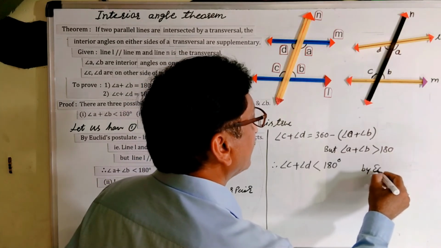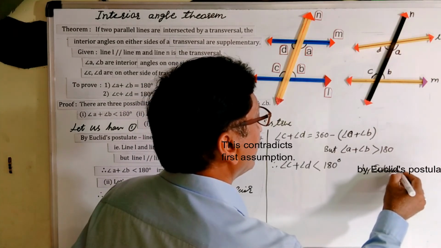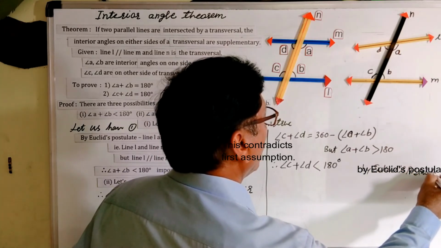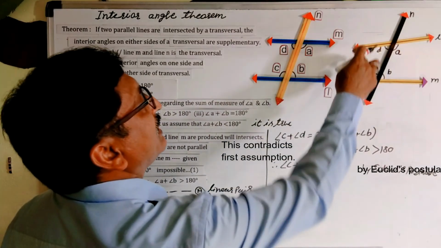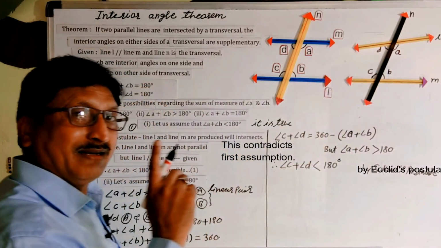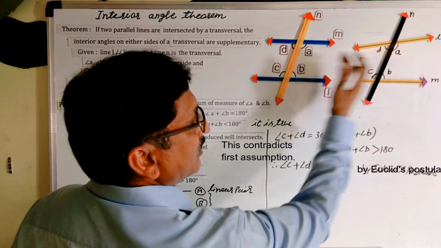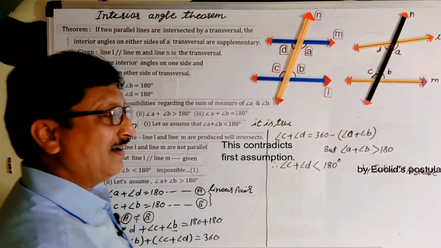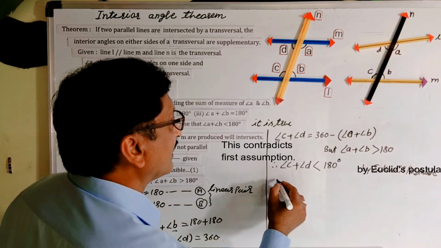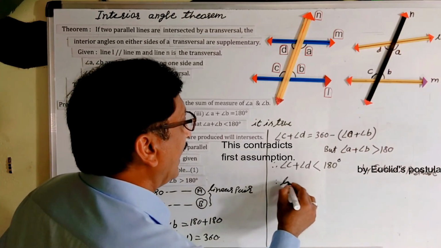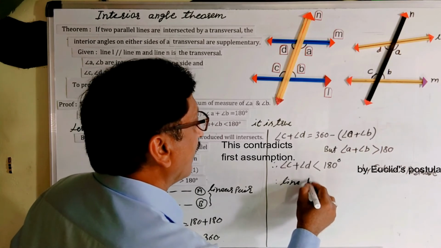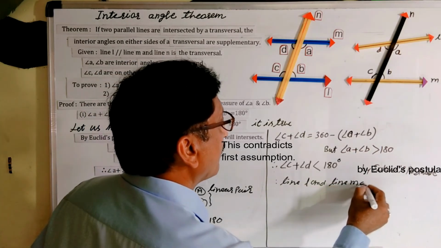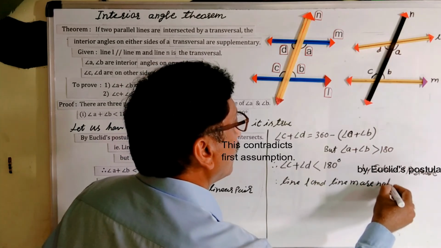By Euclid's postulate, what we can say is that these two lines will intersect toward the left hand side, toward angles C and D, and therefore again line L and line M are not parallel.